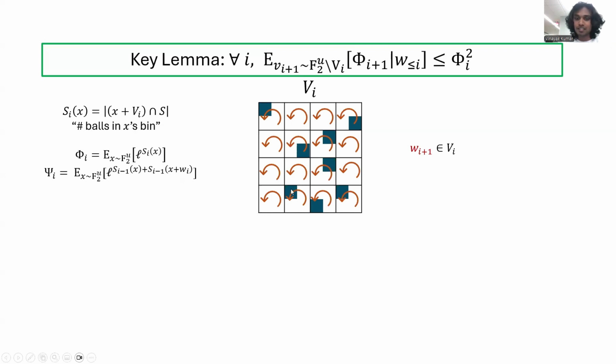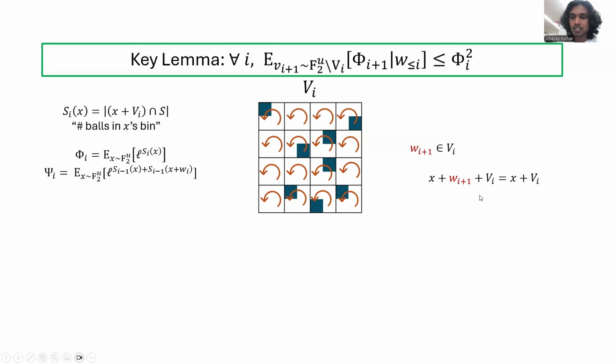And the claim is that it'll be in the same exact bin. Okay? So in particular, if I take any point and then I add W to it, the resulting point is going to be in the same exact bin as the original point. And actually, the reason is just because X plus W plus V sub I is equal to X plus V sub I, right?